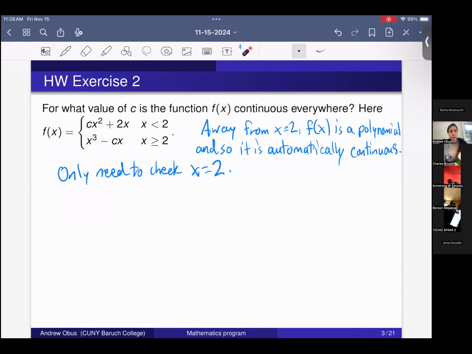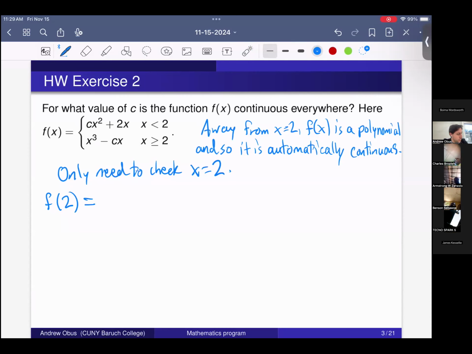If the limit of a function is equal to L, then it must also be equal to f of L. That means if we just evaluate the function at L, the value we get should be equal to the limit. Usually we'd say at a, not at L, right? Okay, at a. So we try to check and see if that will hold.